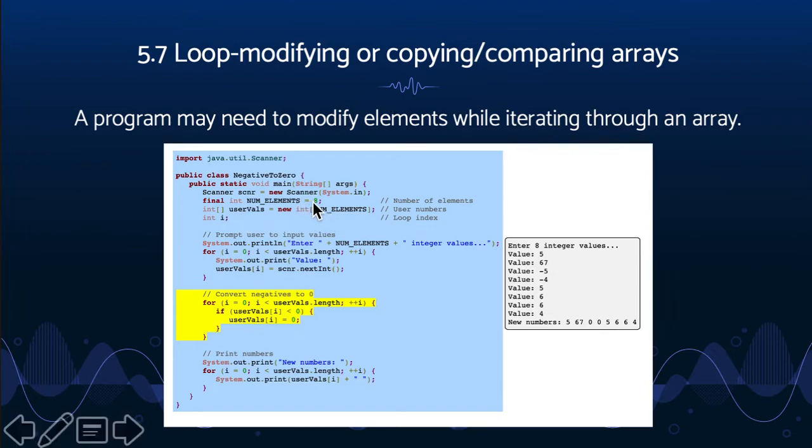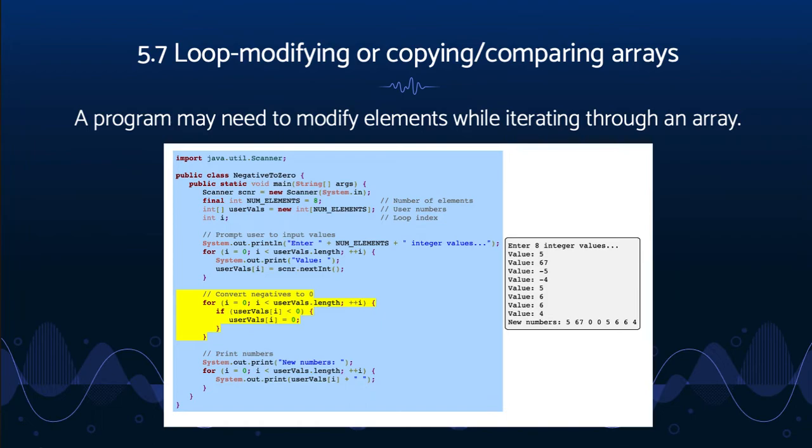Here they require 8 elements, so you enter 8 elements: 5, 67, minus 5, minus 4, and so on. As it loops, whichever value is negative will be converted to 0. So the user value at index i, minus 5, becomes 0, and minus 4 becomes 0.